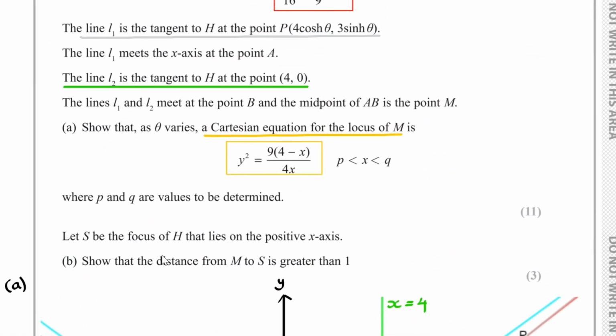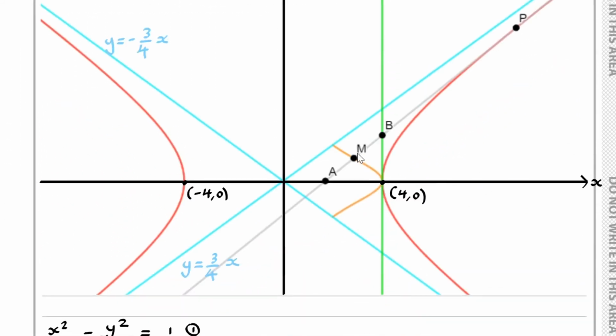And show that the distance from M to S is greater than 1. So M to S must be greater than 1. So S could be here, for example.